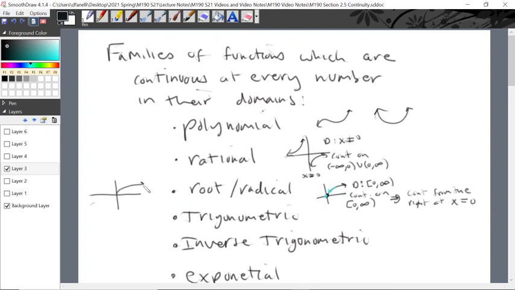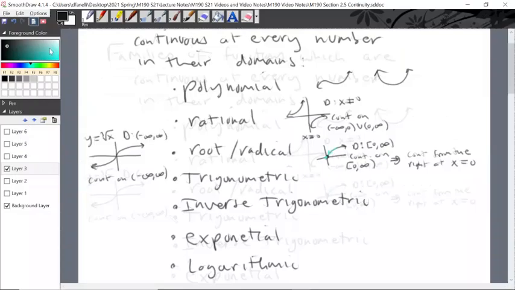A cube root of x might look more like a square root in this direction, but then sort of through a rotation we have a segment that goes off in this direction as well. So this might be the cube root of x function. The domain of the cube root of x is negative infinity to positive infinity, and the function is therefore continuous on the interval from negative infinity to positive infinity as well.